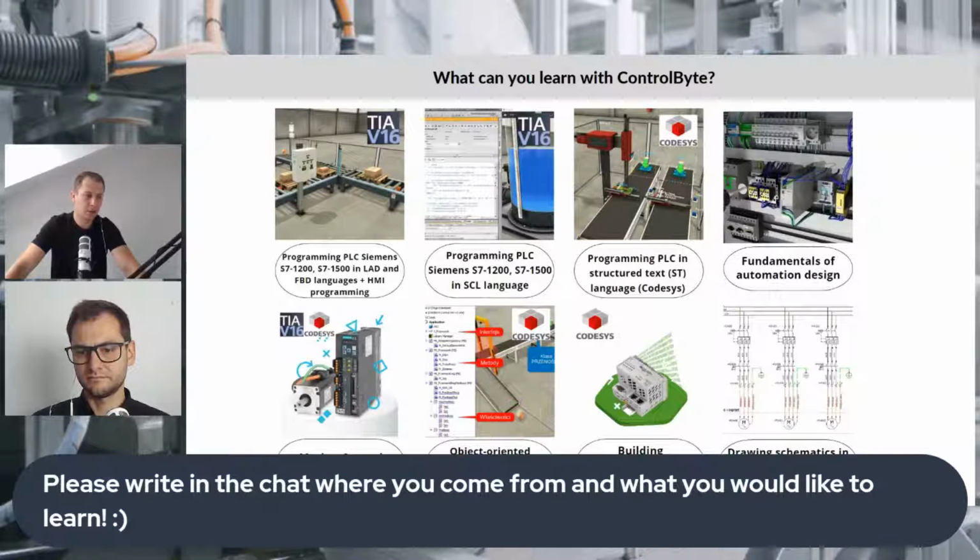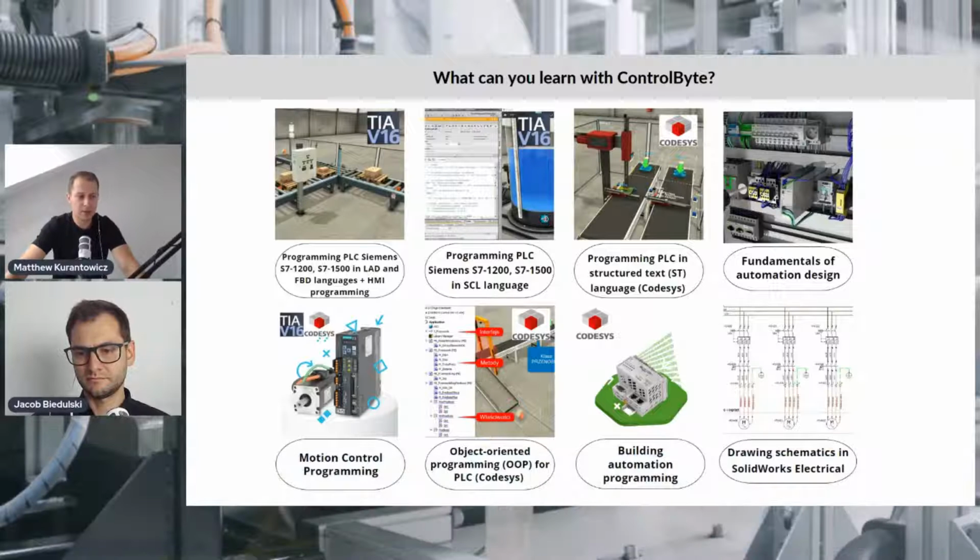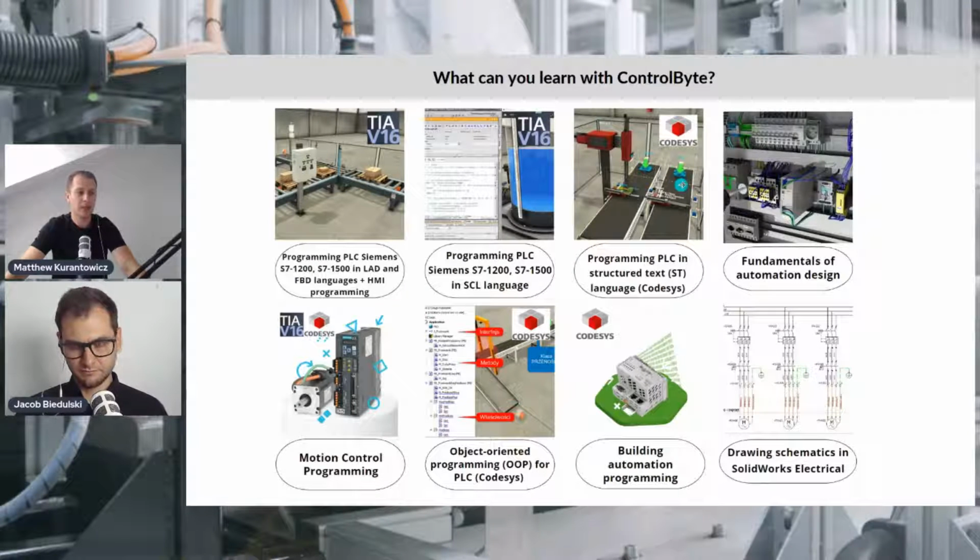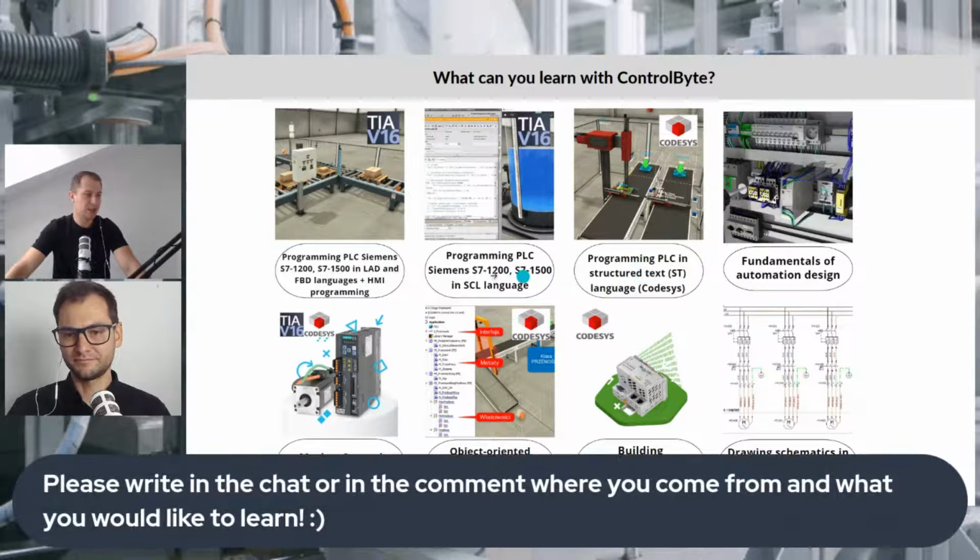It is a modern environment for professionals. You can design and program industrial applications and building automation inside of this environment. What's more, we teach fundamentals of automation design, drawings, electrical schematics, and we teach motion control programming.